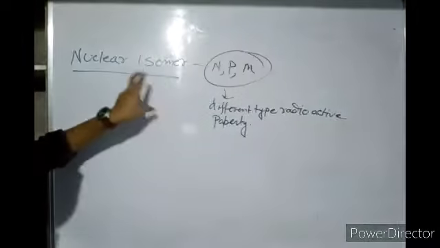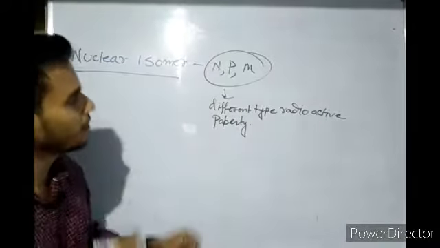These are called nuclear isomers of each other.